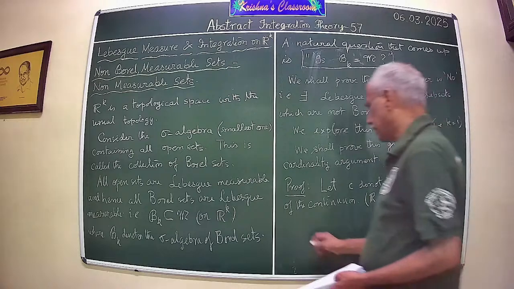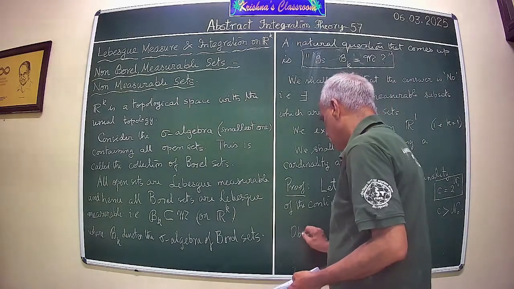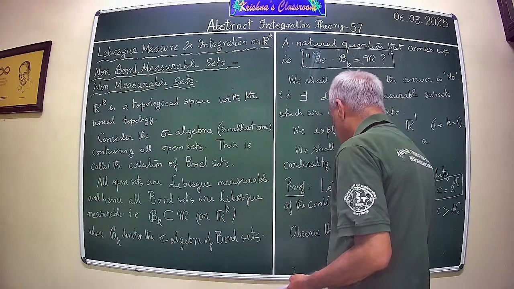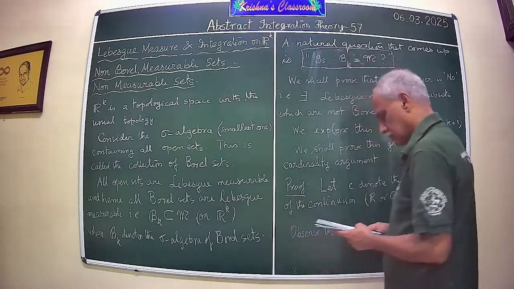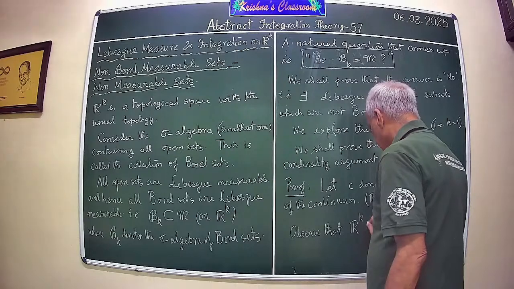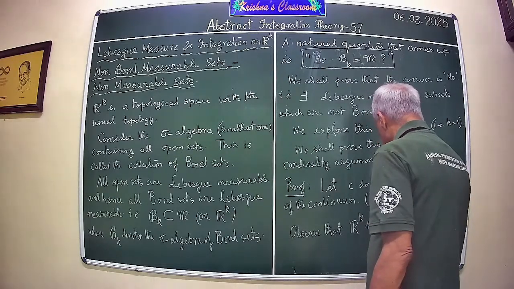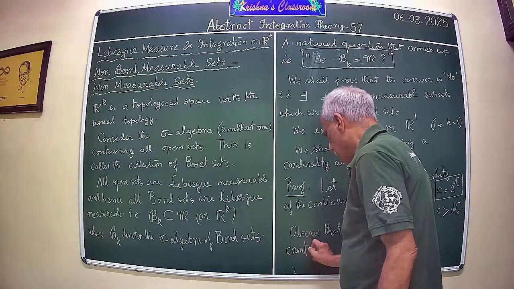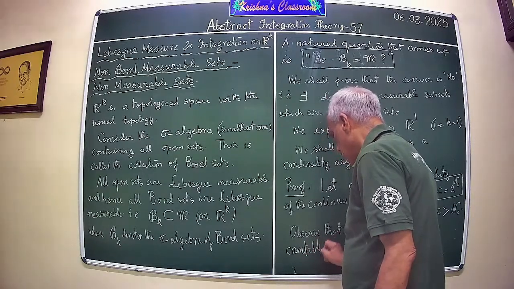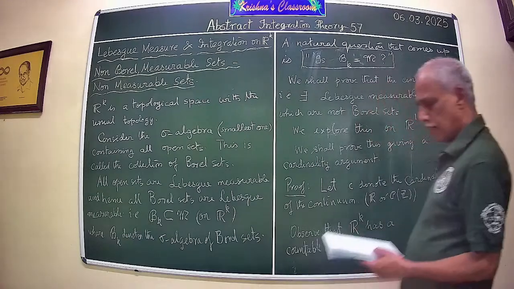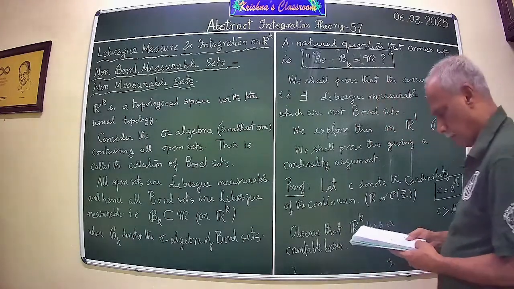Now we observe, we prove this in R1, that Rk has a countable basis. Now what does the basis consist of?